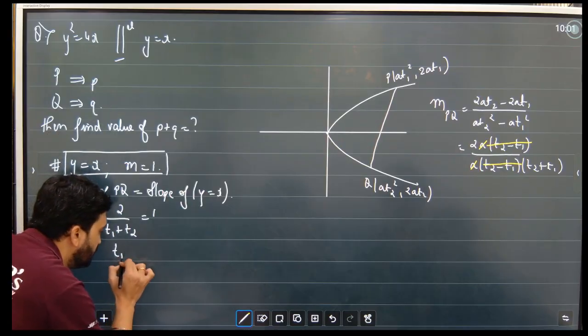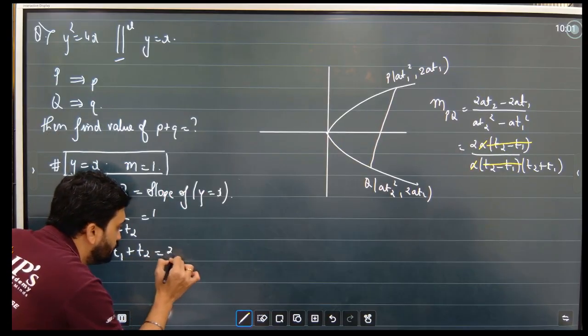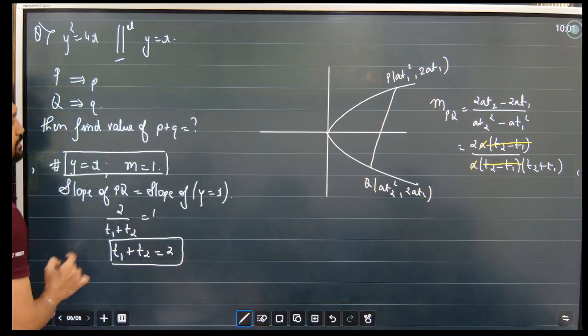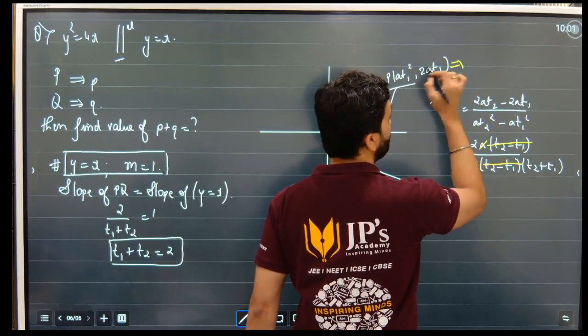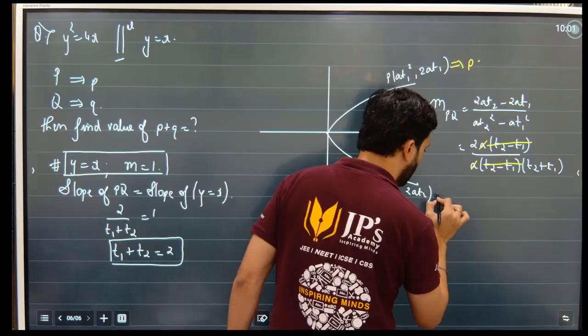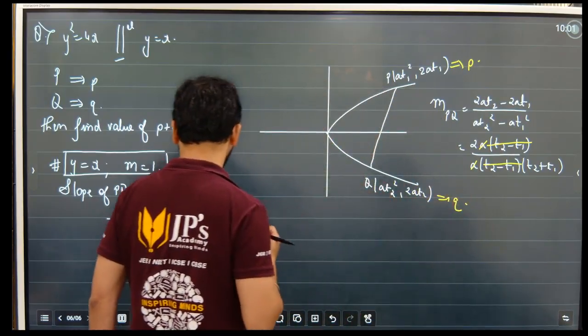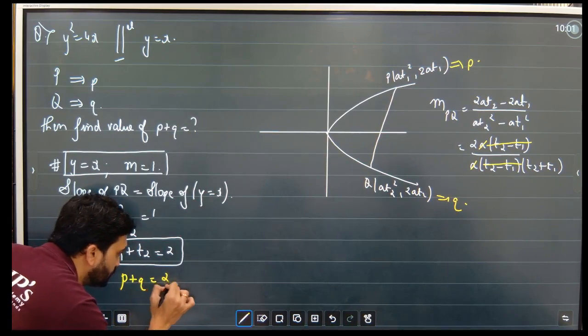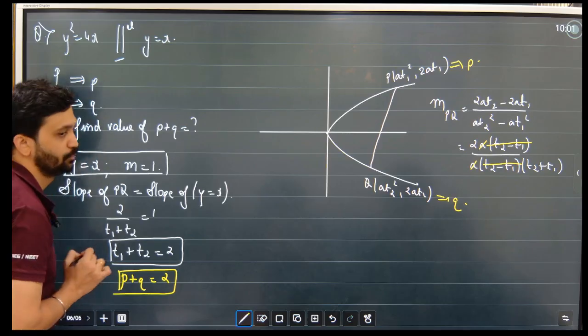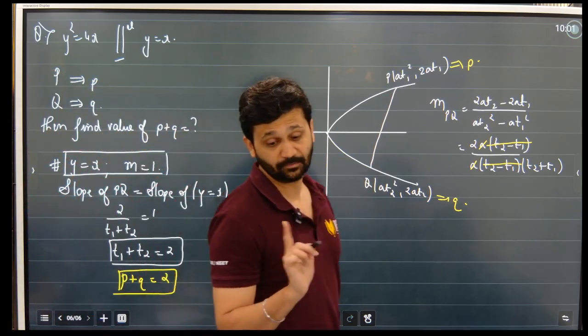Therefore, I will get t1 plus t2 is equal to 2, but the parameter is not in terms of t, it is given in terms of p and q. So in other words, I will write p plus q is equal to 2. Did you guys understand this? The parameter is not t here.